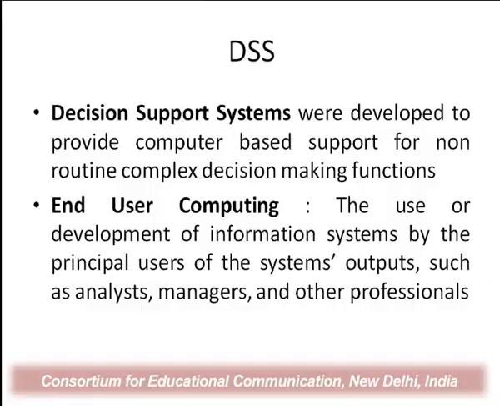So these decision support information systems are made by these managers for the analysts and other professionals who are working in the area. These are directly related to that kind of user, so the user's involvement is direct when you are talking about decision making support systems.